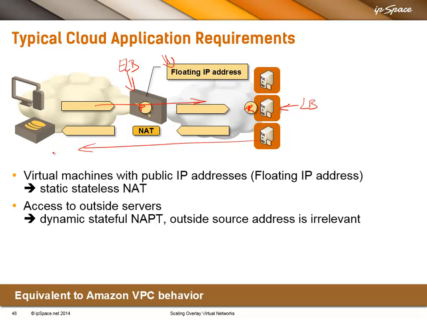In which case, mostly it's irrelevant what outside source NAT address we use, particularly if the VM is accessing an external server. If the VM is accessing a trusted external resource and you want to do source IP address-based validation, then maybe you are yet again solving the wrong problem and you should be using encryption and certificates.